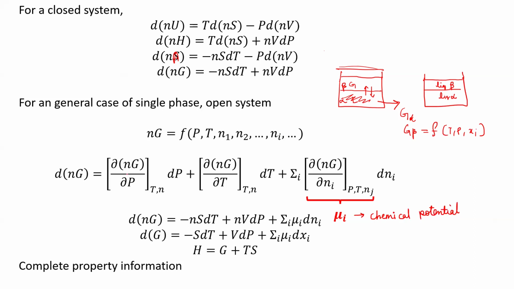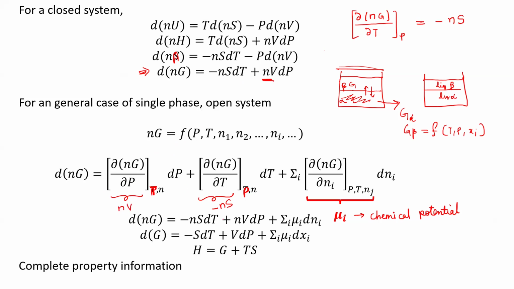So here we can see, on comparison, that we already know dou nG with respect to dou T at constant P is equal to minus nS, and this is P. So we know that this term is minus nS, and similarly this nV is given for this.